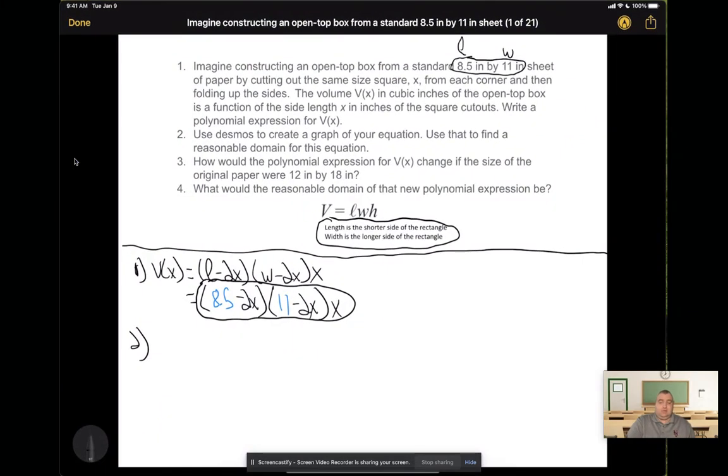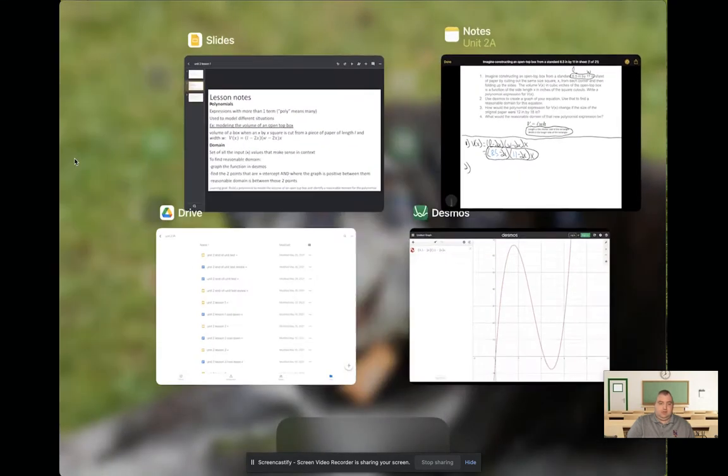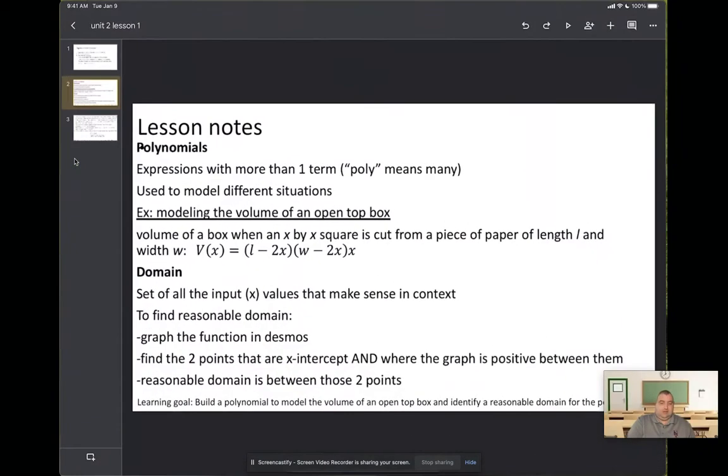Now I'm going to use that graph to find a reasonable domain for this equation. To do that, let's go back to the lesson notes and look at the steps. To find reasonable domain, graph the function in Desmos. We already did that. Find the 2 points that are x-intercepts.